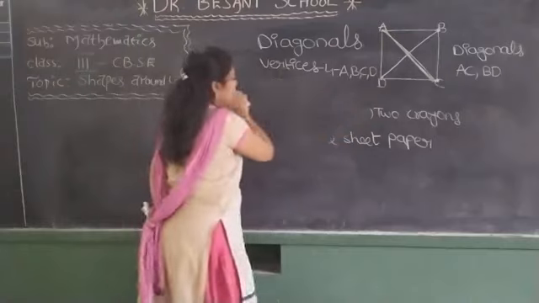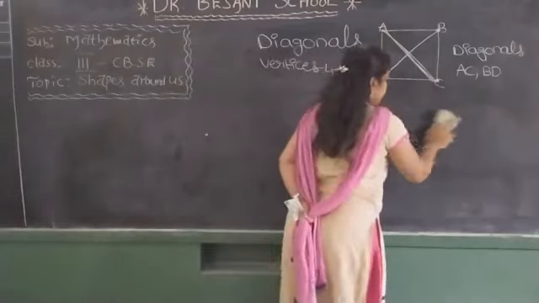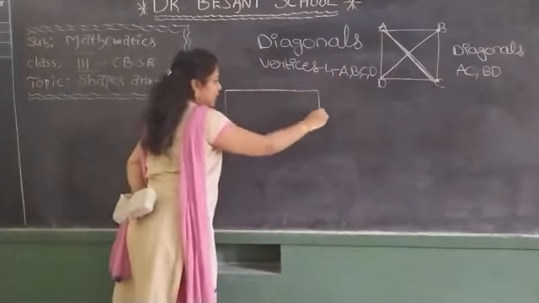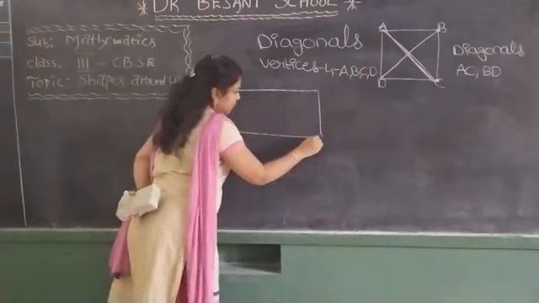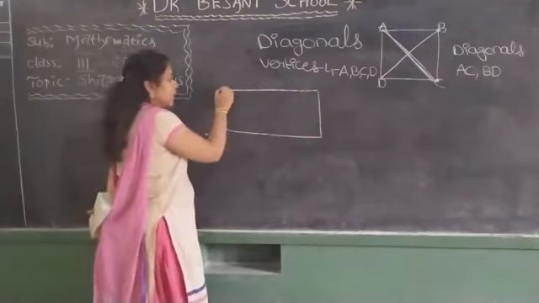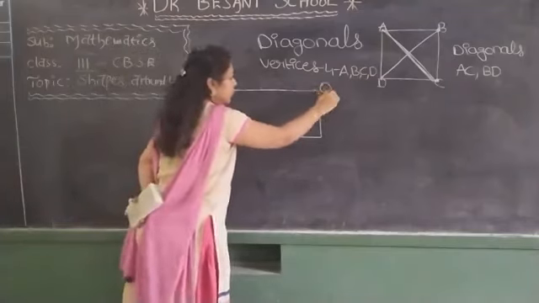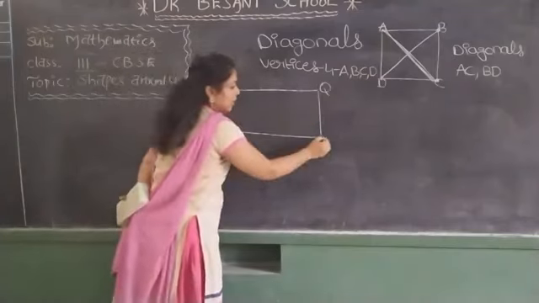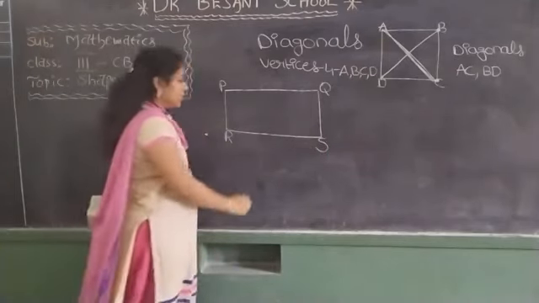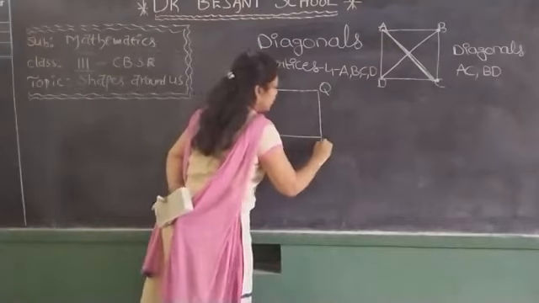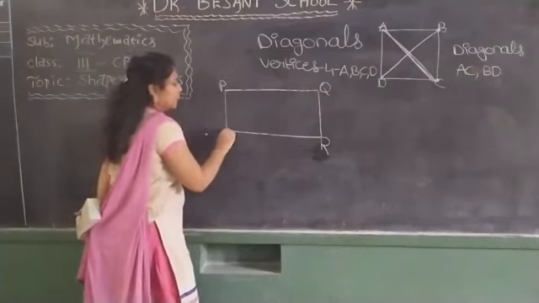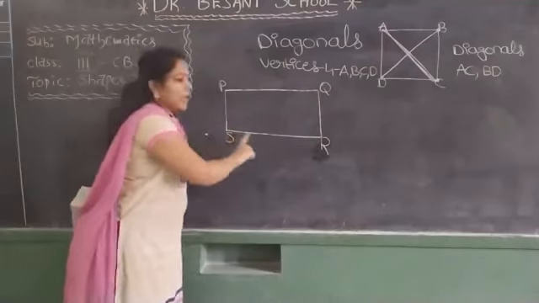I will take a rectangle now. See, this is the rectangle. What is this one? Rectangle. Yeah, good. I am giving the names as P, Q, R, S. This is the PQRS rectangle. We can take names as you wish.